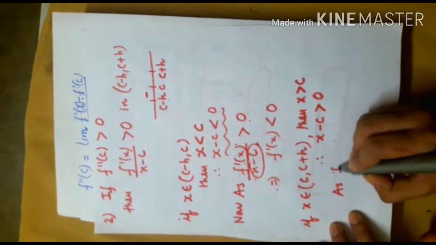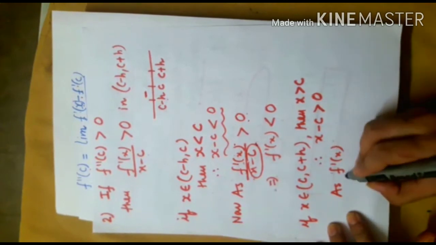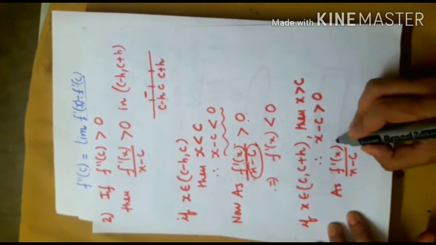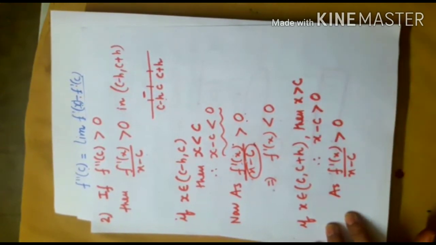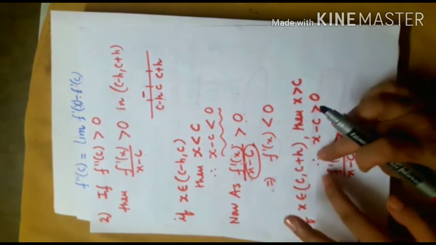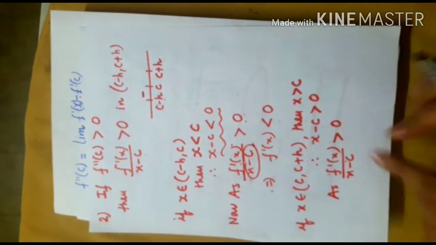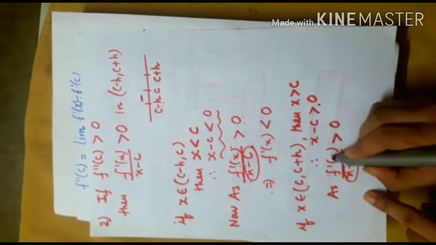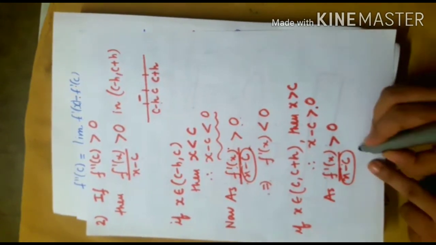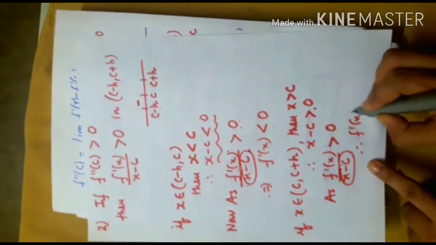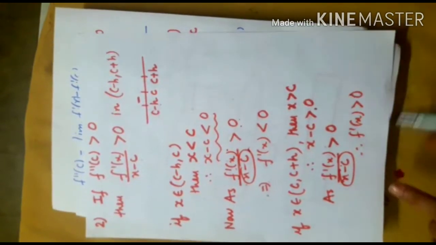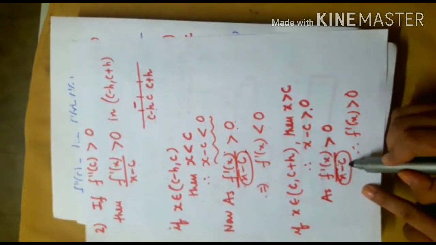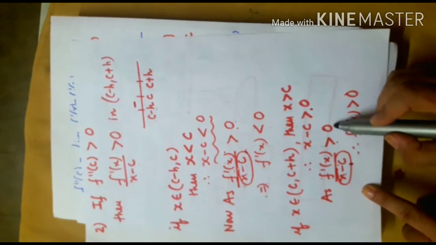Now again, as f dash x over x minus c is greater than 0, this quantity is positive, and the denominator you know is positive. So what can you say about the numerator? Numerator has to be positive because positive over positive will give you a positive result.